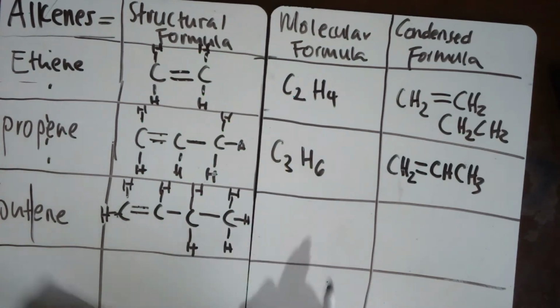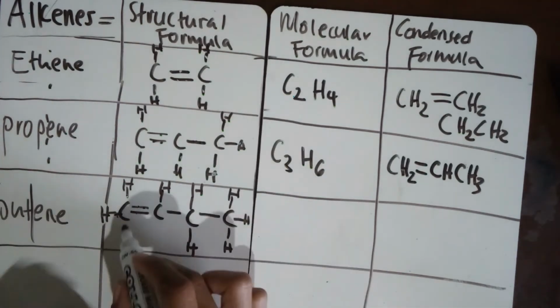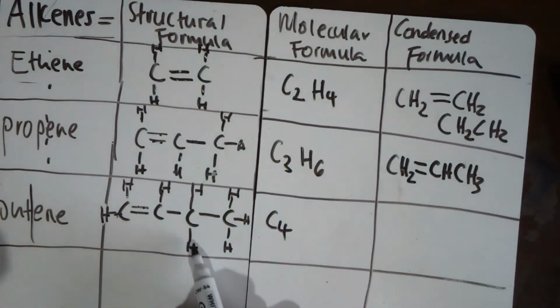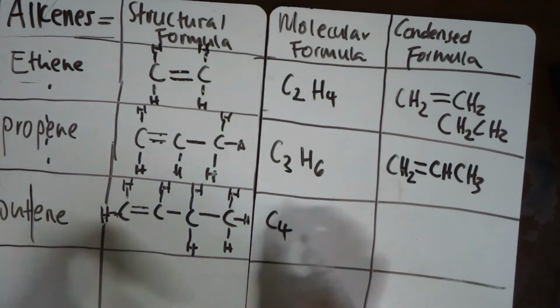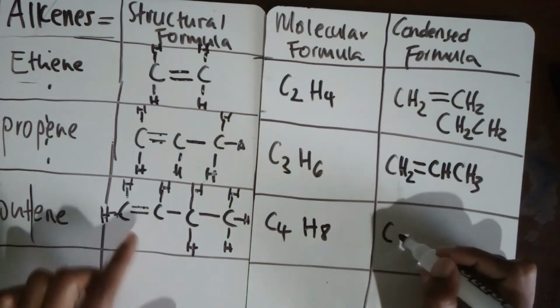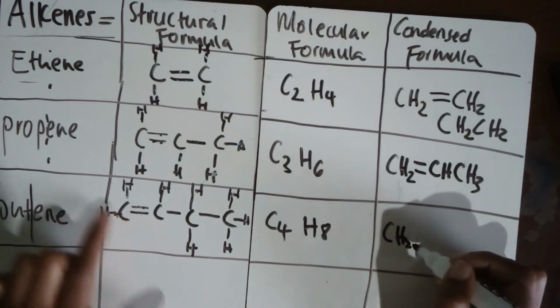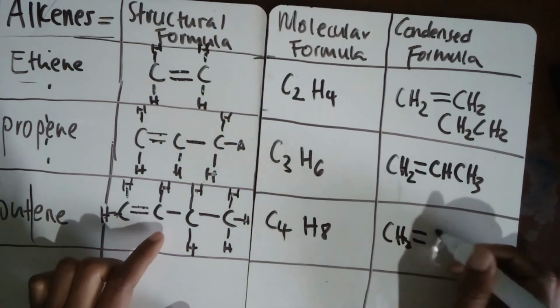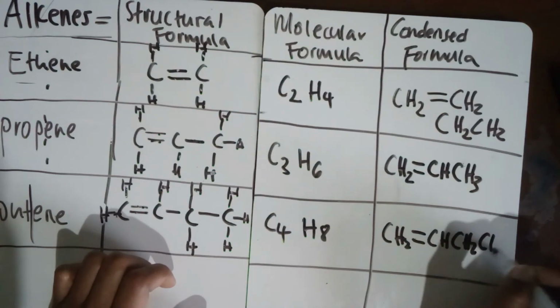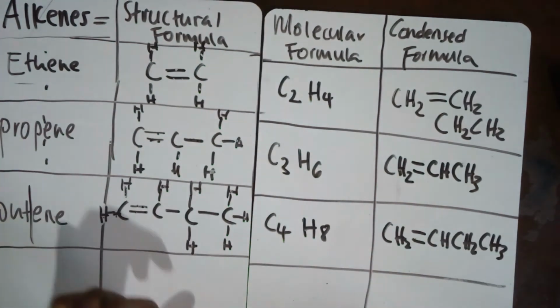So let's correct the molecular formula. How many carbons do we have? We have 4. And how many hydrogens? 1, 2, 3, 4, 5, 6, 7, 8. So it's C4H8. Condensed formula: CH2, the double bond, CH, and then CH2, CH3, right?